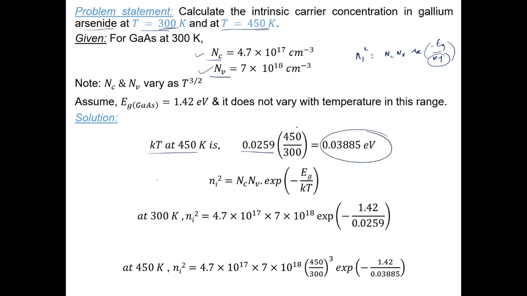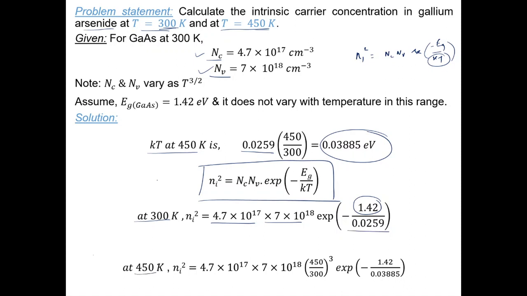So now we feed all these parameters into the relation that we derived earlier, Ni square equals Nc Nv exponential of minus Eg divided by Kt. For 300 Kelvin, you feed all the values here, so you get the Nc value, the Nv value, the band gap for gallium arsenide, and the Kt value.